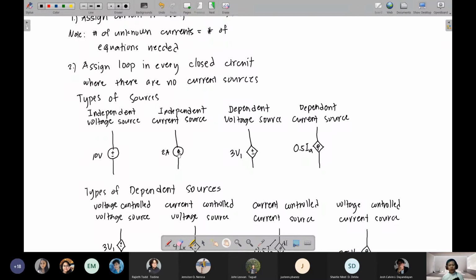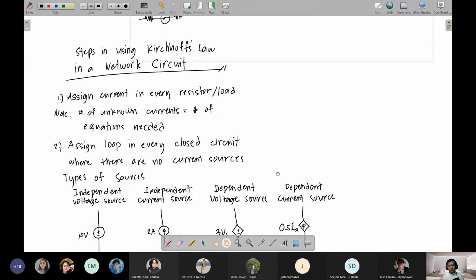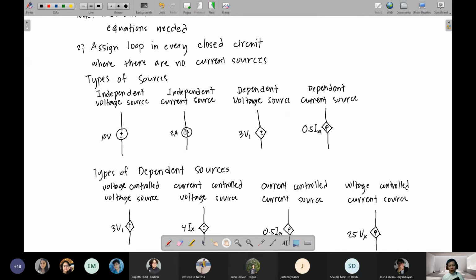So make sure there is no current source in that closed circuit. I've already explained what a closed circuit is. This is a closed circuit, or this can also be a closed circuit. So make sure there is no current source here. Or this can also be a dependent source, as long as it's a current source. Okay? So you assign a loop as long as there is no current source there.